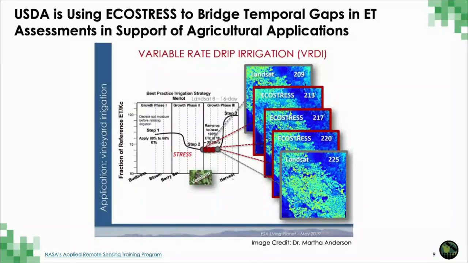And USDA actually uses that to fill the gap between, say, Landsat data, which is 16 days apart. And so ECOSTRESS ET is quite useful to fill that gap in between. If you go through the webinar link that we just showed, you will be able to see a lot more applications and details about ECOSTRESS ET.